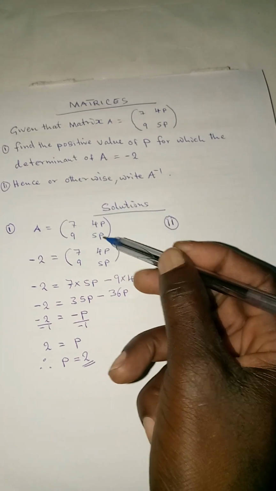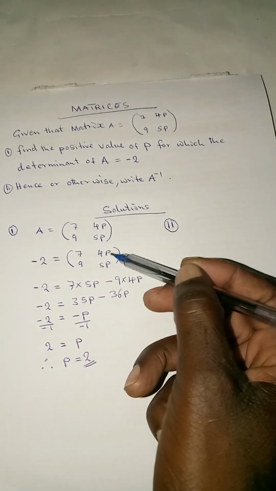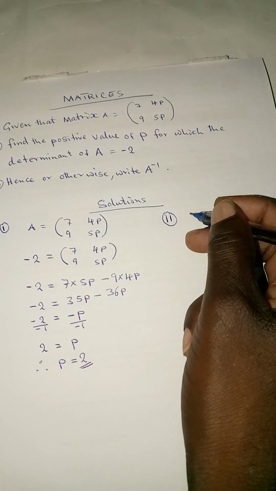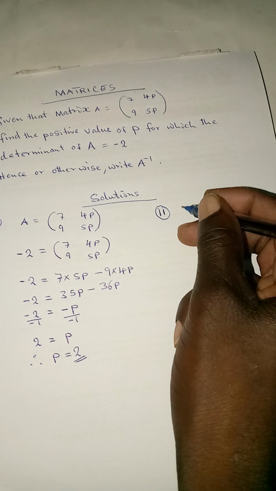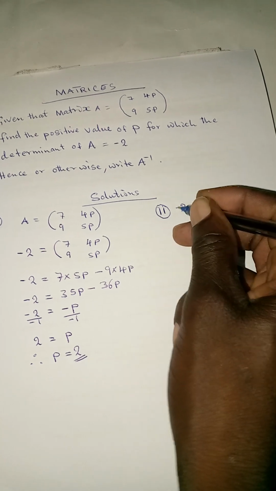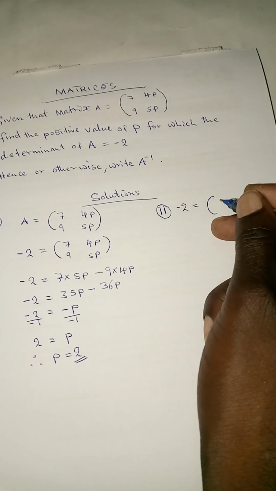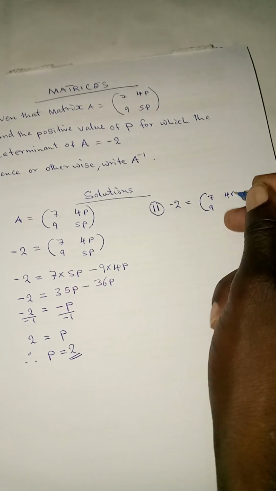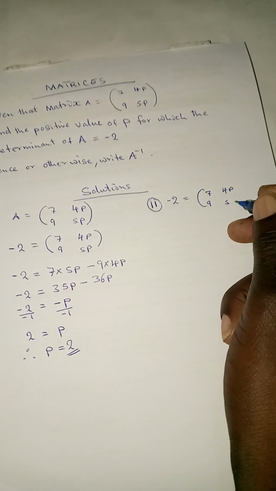So for the adjoint, we have our -2 equal to 7, 9, 4P, and 5P.